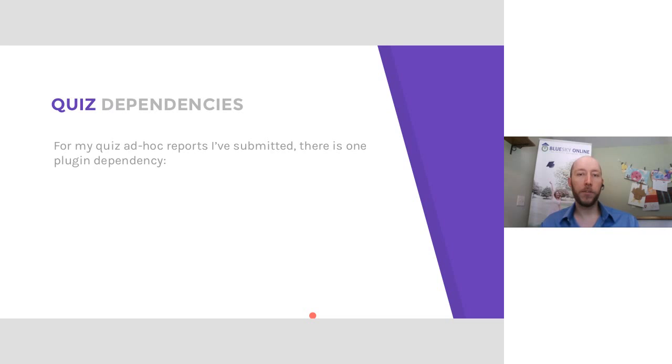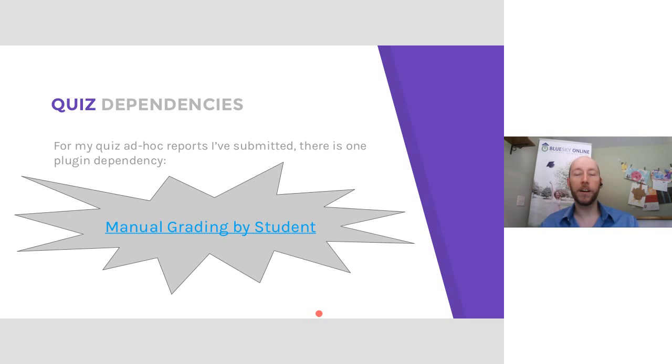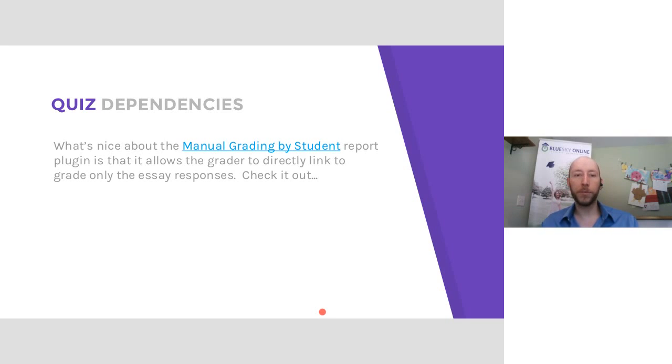So for the quiz, there is one dependency, and there's a plugin that I just absolutely love called Manually Grading by Student. And what's really awesome about this particular plugin is it allows you to go to grade all of one user's responses for a particular activity or assessment instead of manually grading all the same question for a bunch of students in a particular activity.